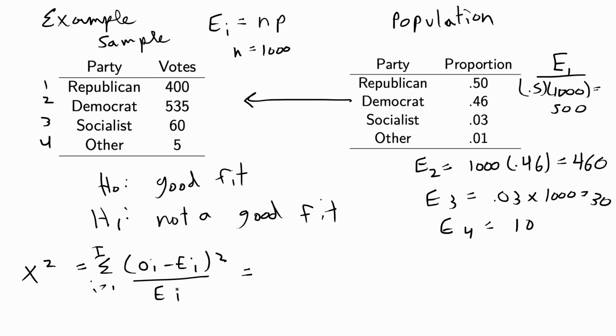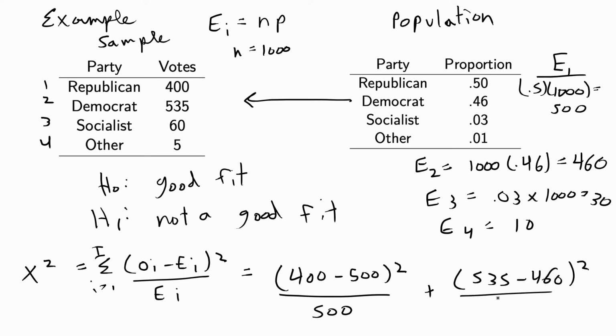Now we just plug into this formula. For factor level 1, observed is 400 minus the expected, which is 500, squared, divided by expected, which is 500. That's the first term. Then we just do that for the 3 remaining factor levels. For factor level 2, that's 535 minus 460 squared divided by 460.